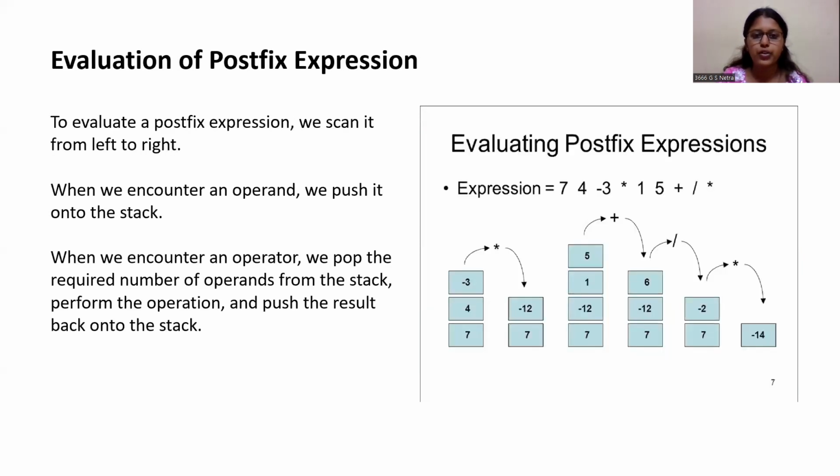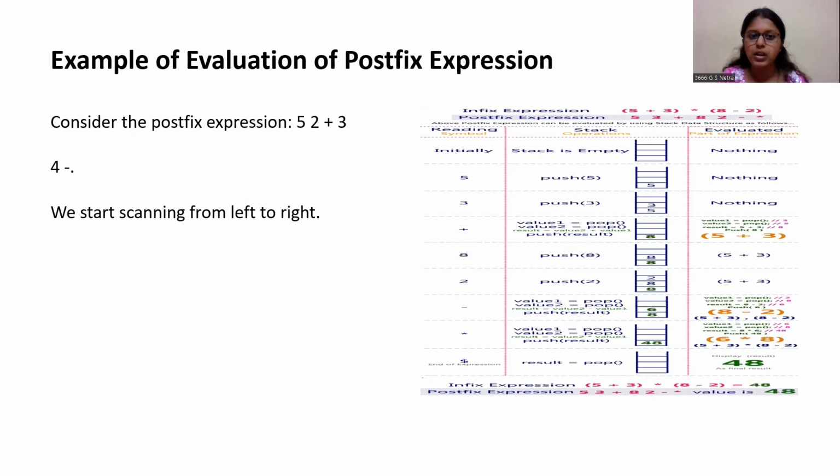Next, evaluation of postfix expression. To evaluate a postfix expression, we scan it from left to right. When we encounter an operand, we push it onto the stack. When we encounter an operator, we pop the required number of operands from the stack, perform the operation, and push the result back onto the stack. For example, consider a postfix expression 5 2 plus 3 4 minus.